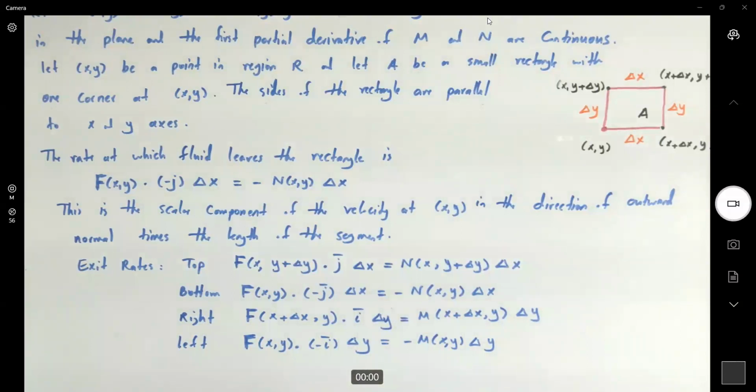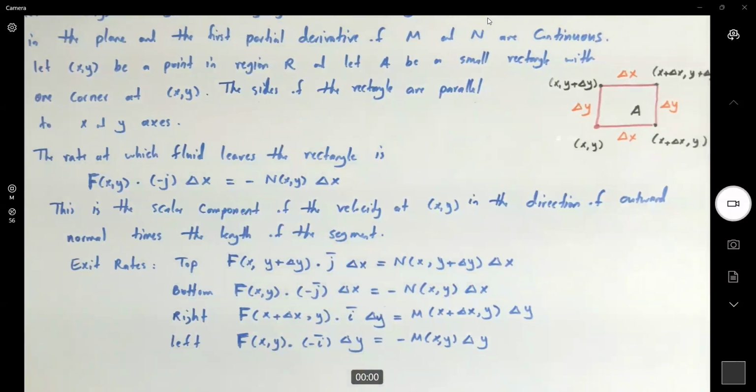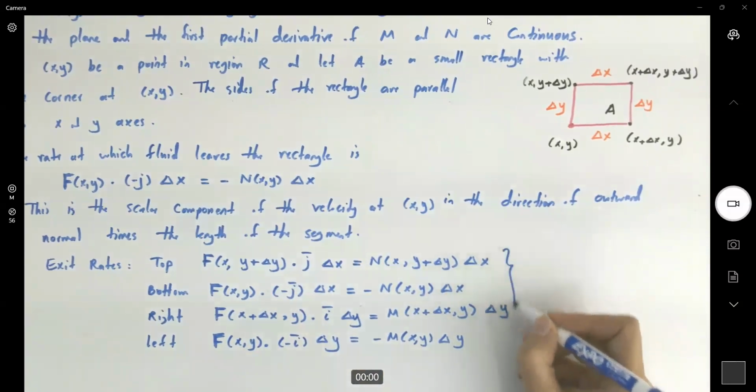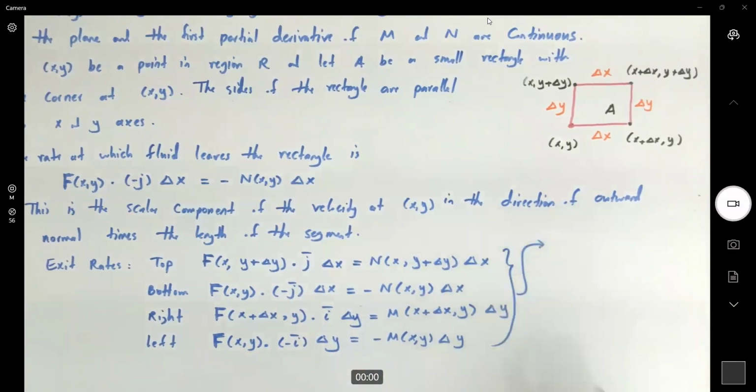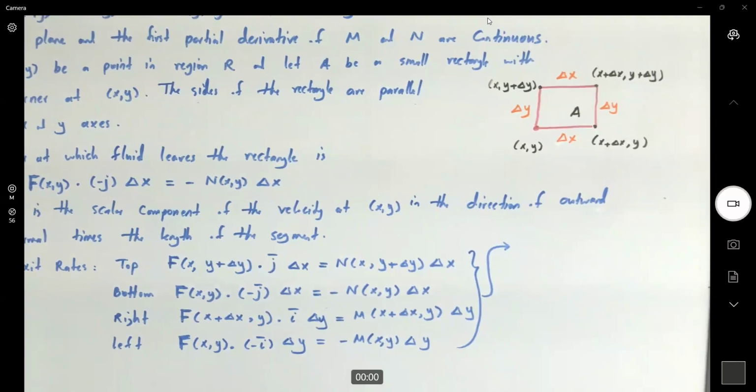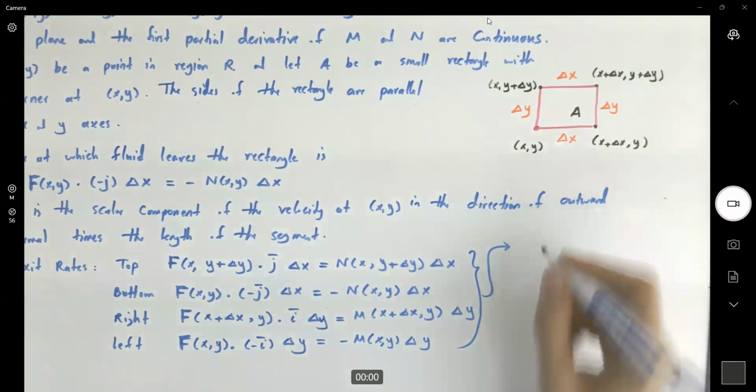So as you can see, you can combine the opposite pairs, and you're going to have the following combination. Let me move this a little bit so we can see top and bottom.